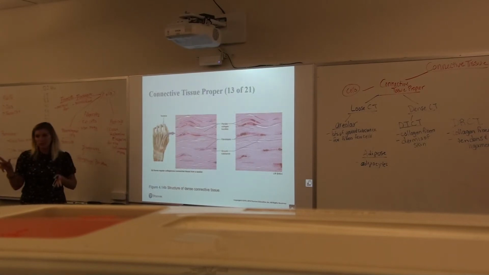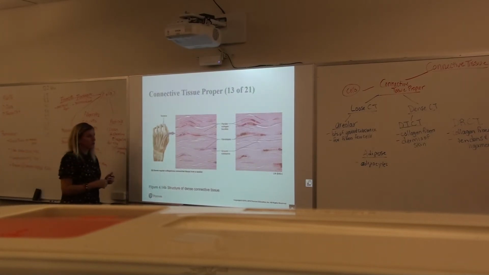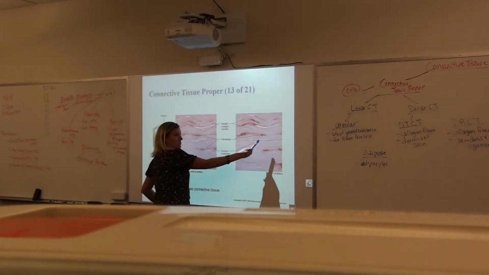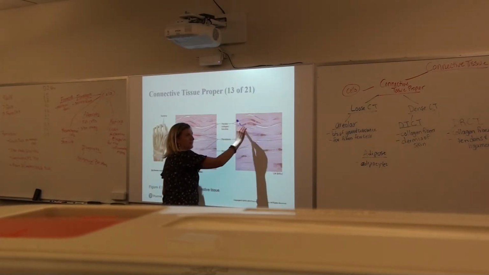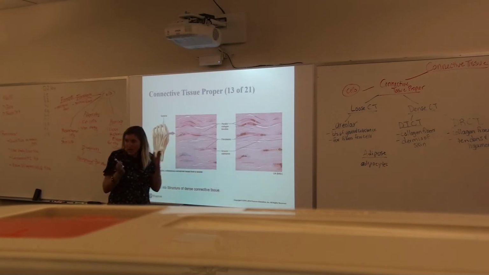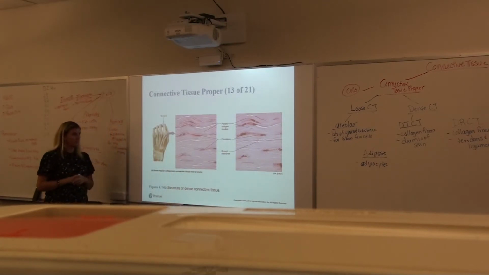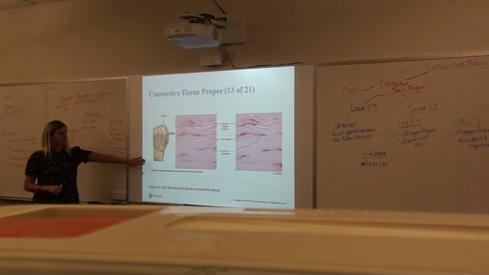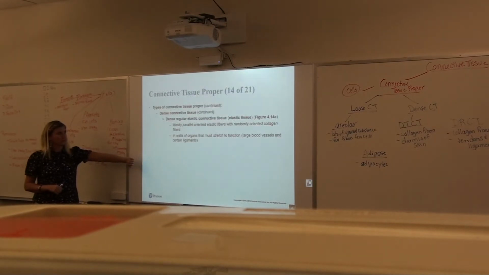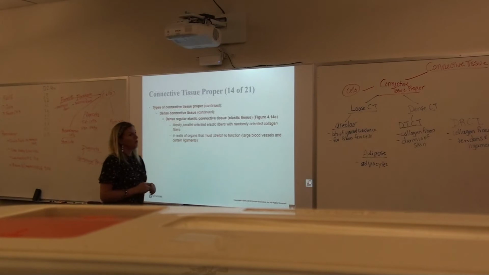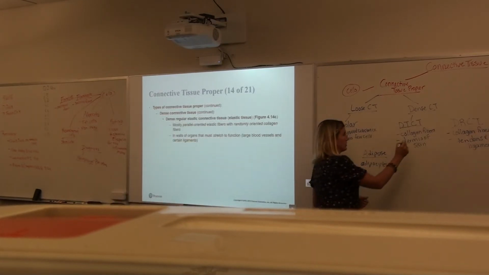So you'll see a sprinkling of cells in there, and you can always tell they're cells because they're just little dark stained nuclei. And then a bunch of pink lines. That's the collagen. It's tightly packed together. Okay, elastic tissue is another form of dense tissue.